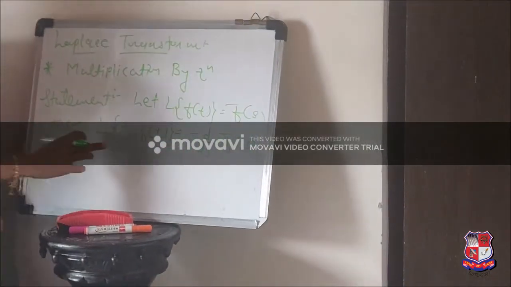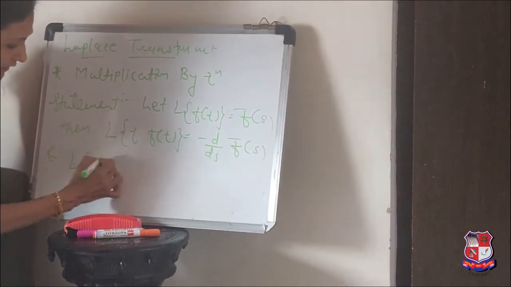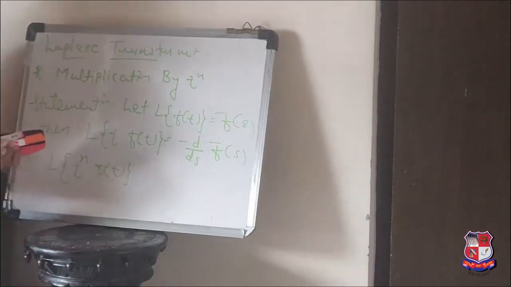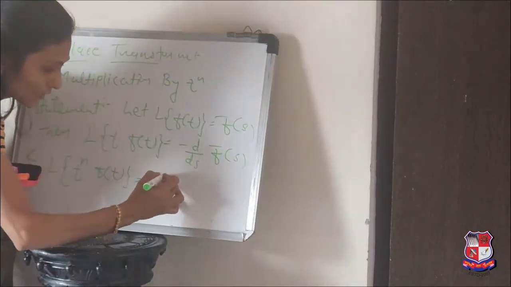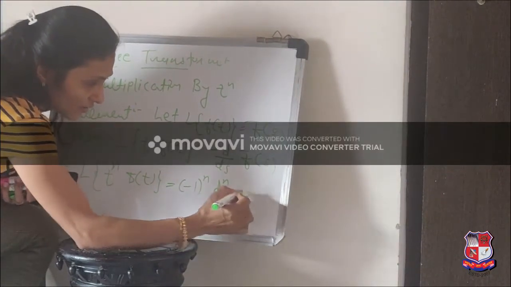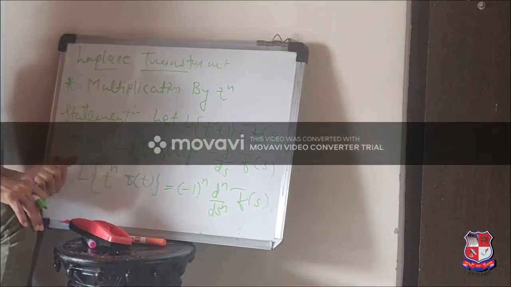If we have a higher power of t, then we can write L of t raised to n f of t is equal to minus 1 raised to n, d^n upon ds^n f bar s. This is the statement of multiplication by t raised to n.